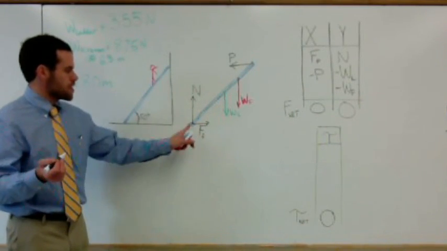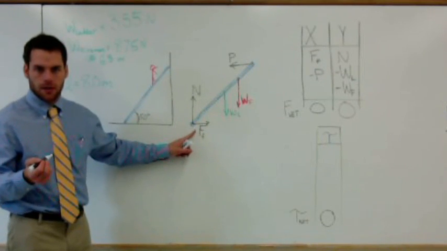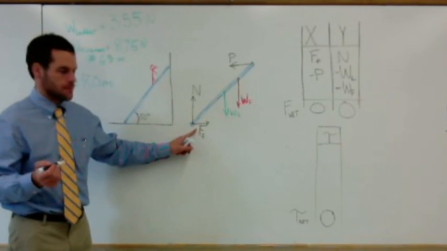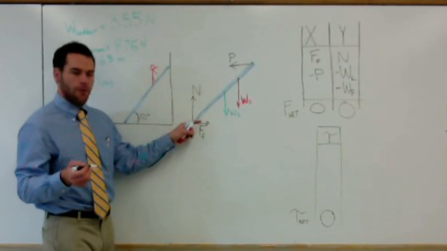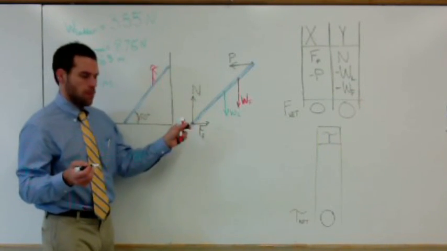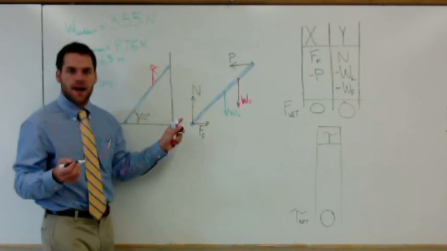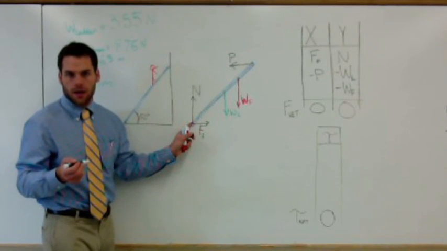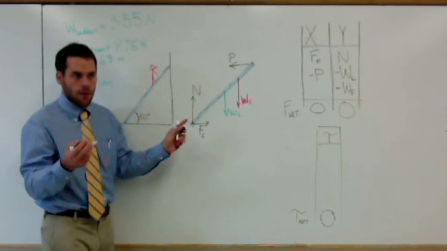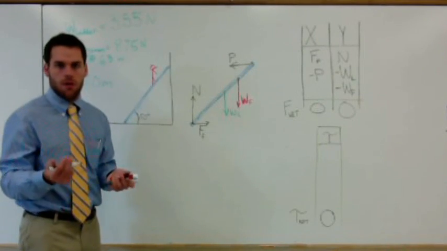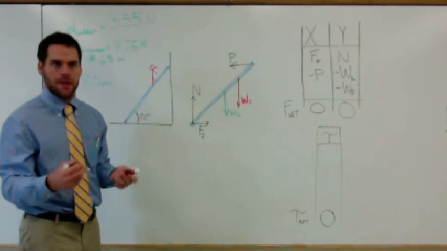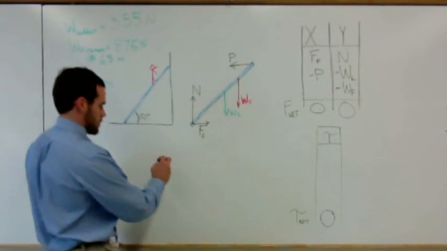The reason I choose this as my axis of rotation is because these two forces applied at that point will provide no torque. Their distance from the axis of rotation is 0, so the torque provided by them is 0. I'm going to write the formula for torque.